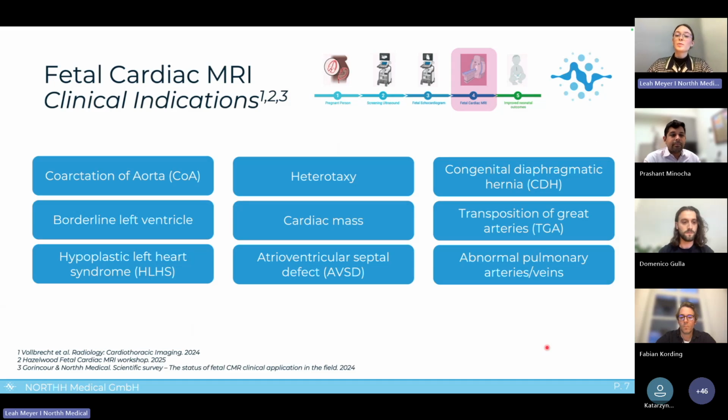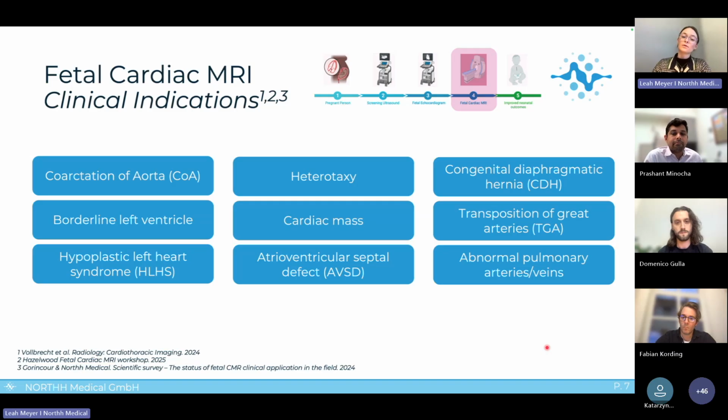Looking at various publications, the survey, and also the second fetal cardiac MRI expert meeting in Hazelwood, we learned what the most common clinical indications are. In general, indications include various complex CHDs, and cases where echo is challenging, as we said in the beginning, for example at late gestational ages.